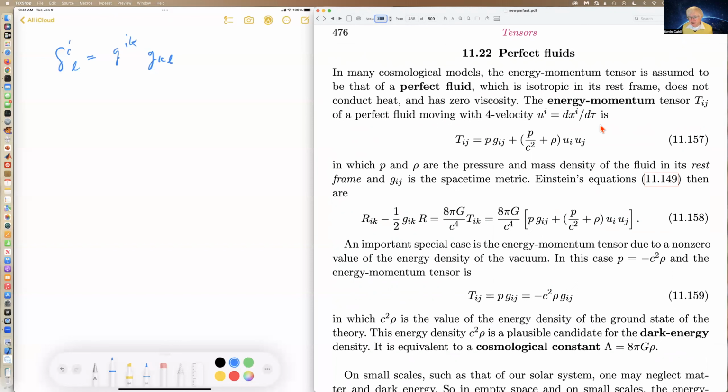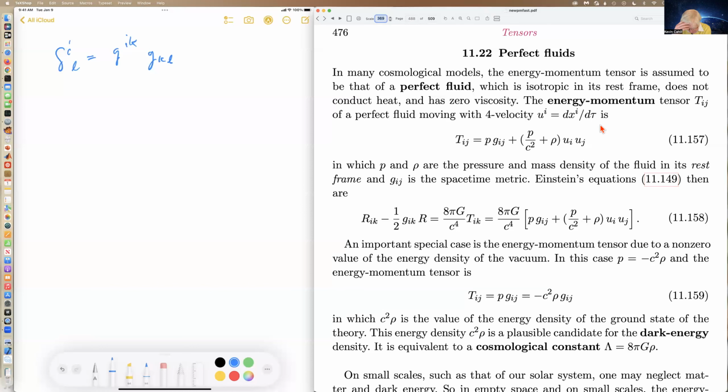And the idea is that if you're in the rest frame of this fluid, it looks the same in all directions, it doesn't conduct heat, and there's no viscosity. Anyway, that's the concept of a perfect fluid.